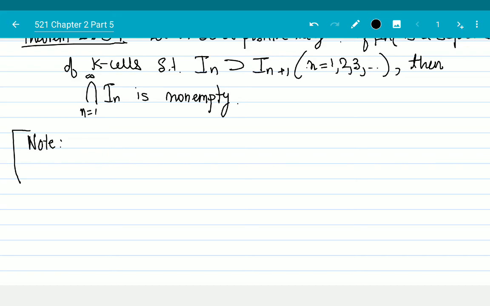But a k-cell is basically, not a k-cell in R^n, did we define it only very specifically?